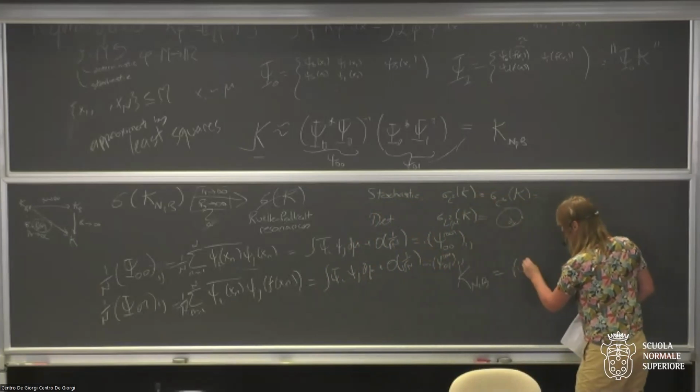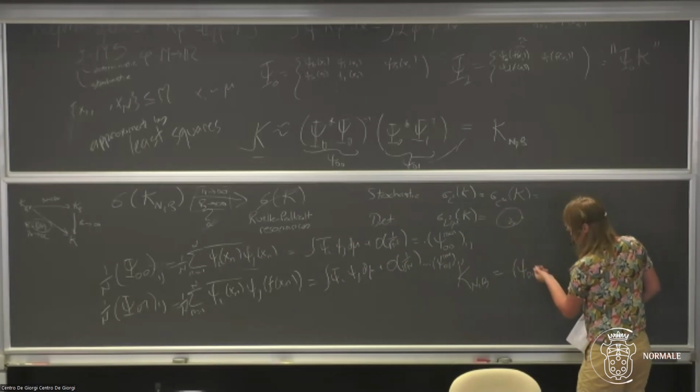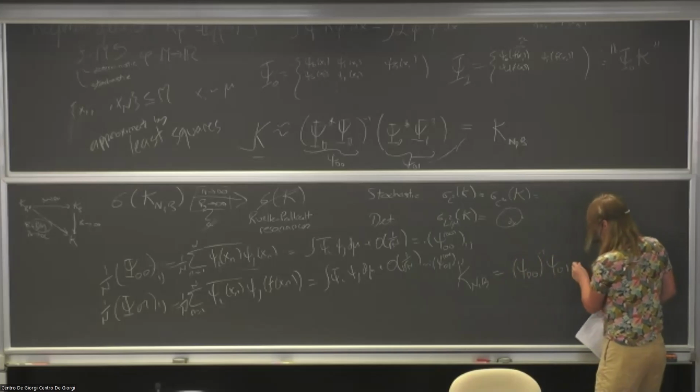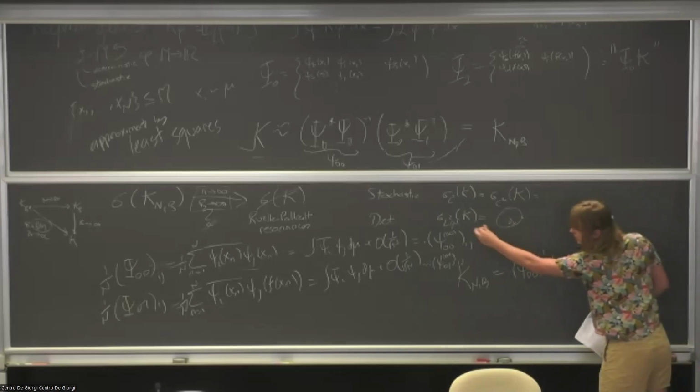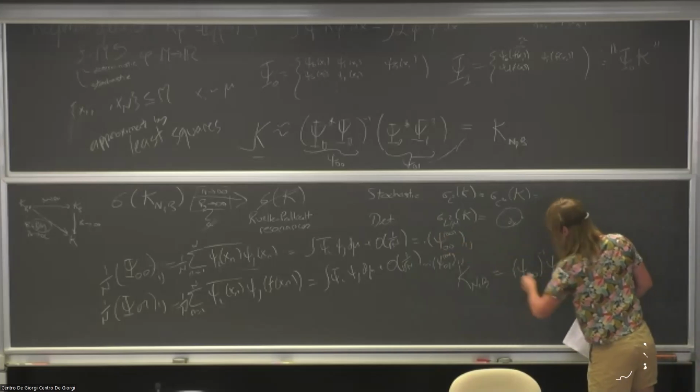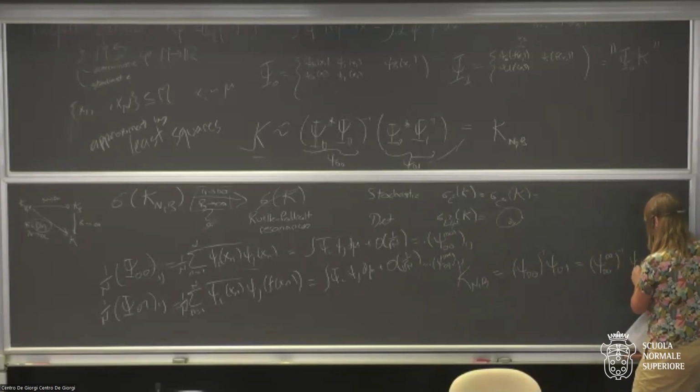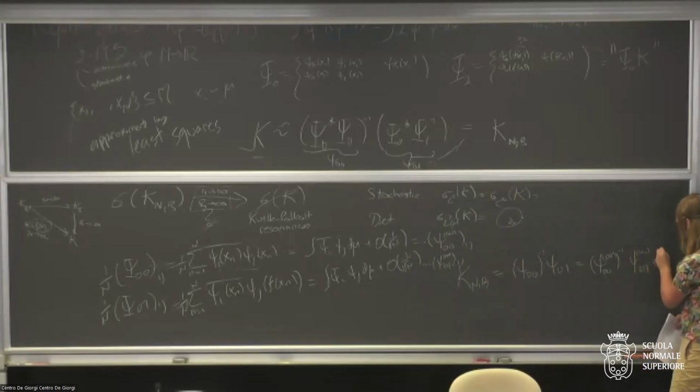This is psi naught naught inverse psi naught 1. Provided that psi naught naught is reasonably well conditioned, we can write it as the infinite limit plus some random matrix, with hopefully reasonably uncorrelated coefficients.